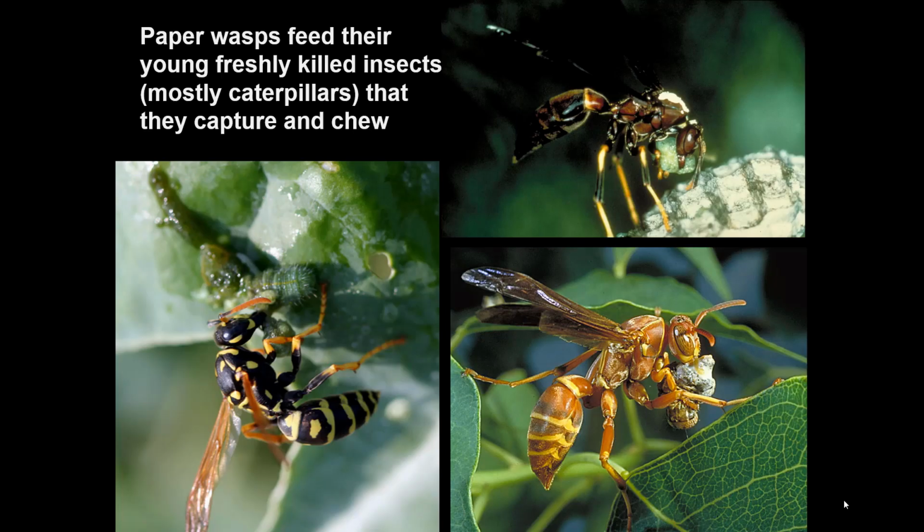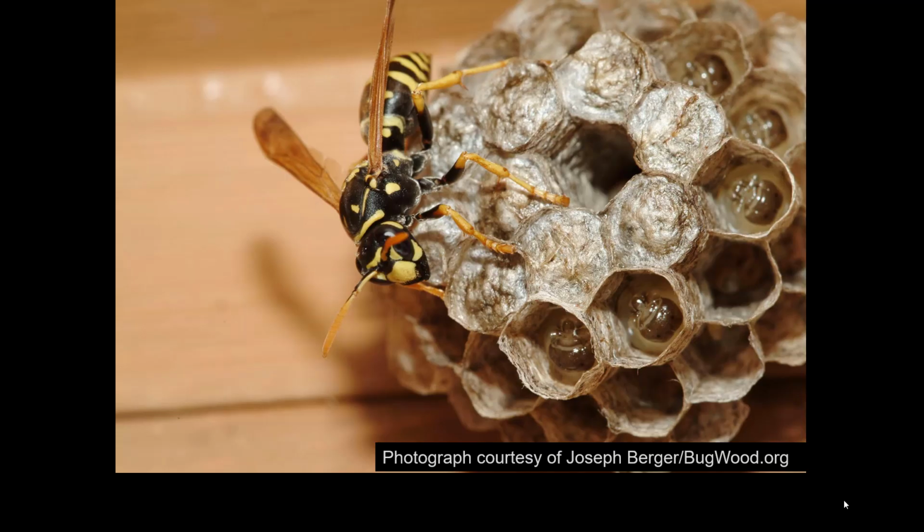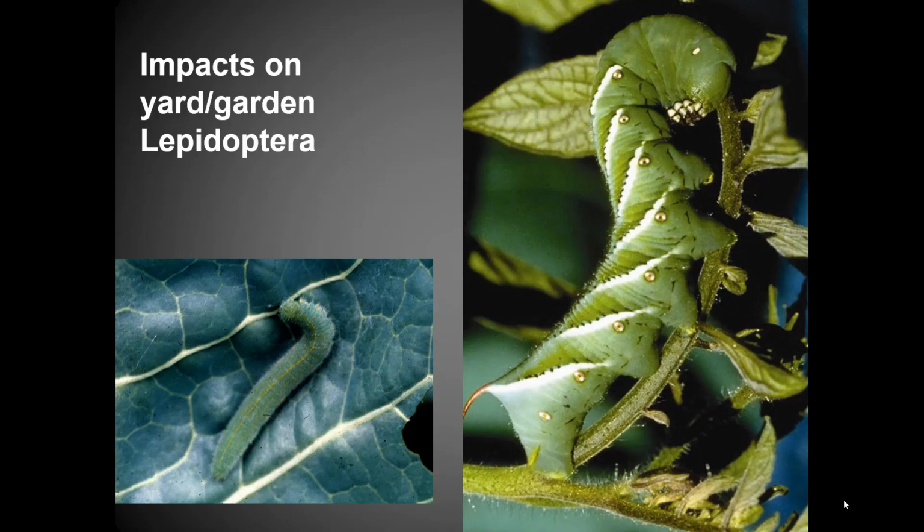So these paper wasps of all kinds, and this is the most common paper wasp we have, feed their young freshly killed insects. And they'll make these nests, and the European paper wasp happens to be one that's yellow and black. And it has had huge impacts, I think. I mean, it's introduced a new stinging insect, although it's not nearly as important as a stinging insect as is the native western yellow jacket, but that's another story.